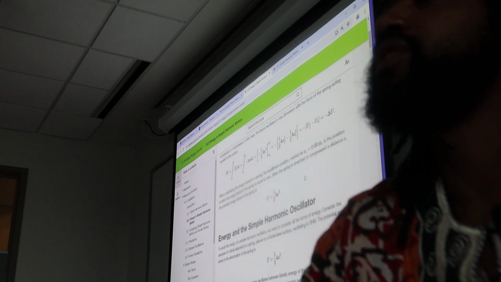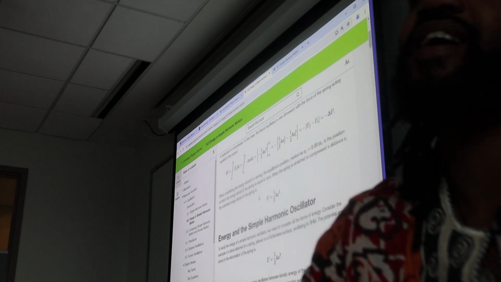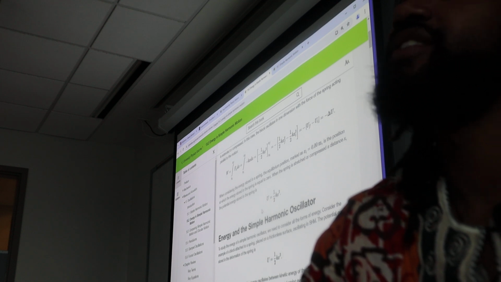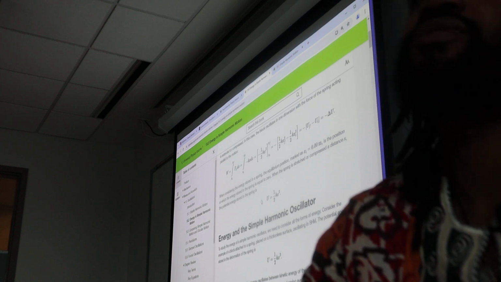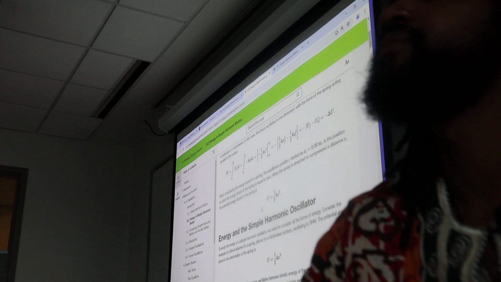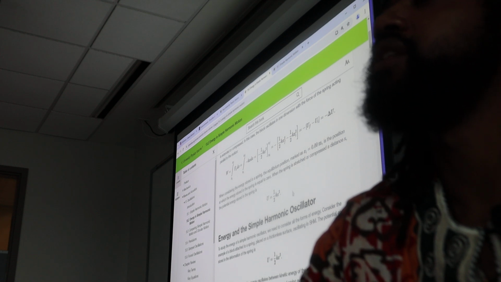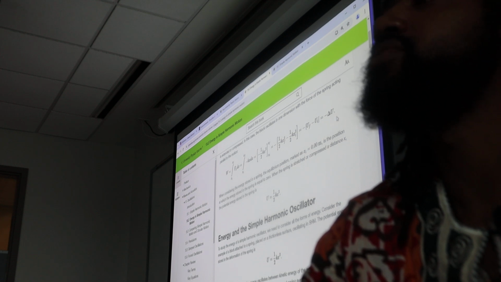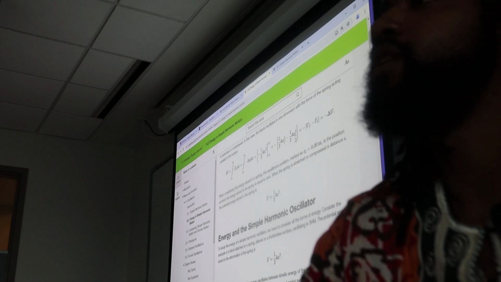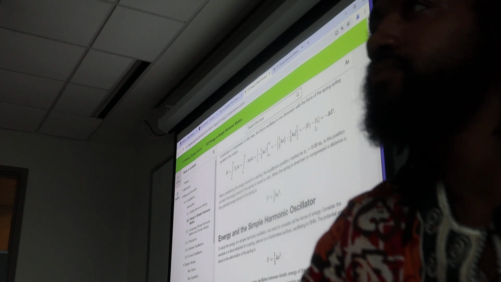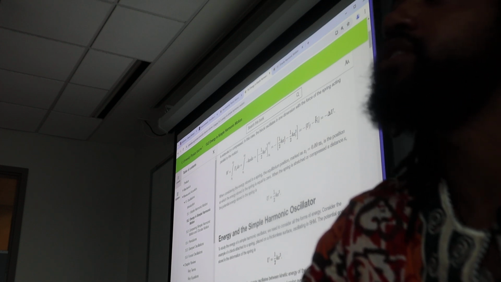So this is just saying that the potential energy stored in the spring is 1/2 kx squared. The potential energy is 1/2 kx squared. So that's all that's saying. It's just that the change in potential is final minus initial.